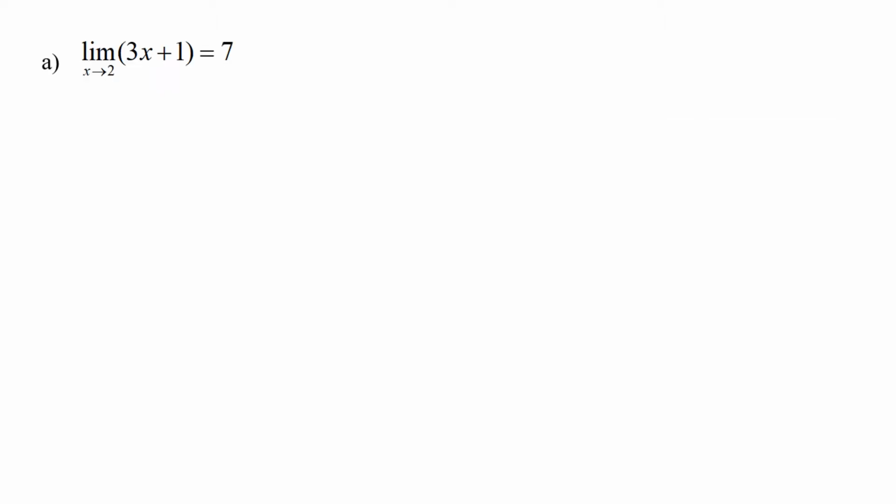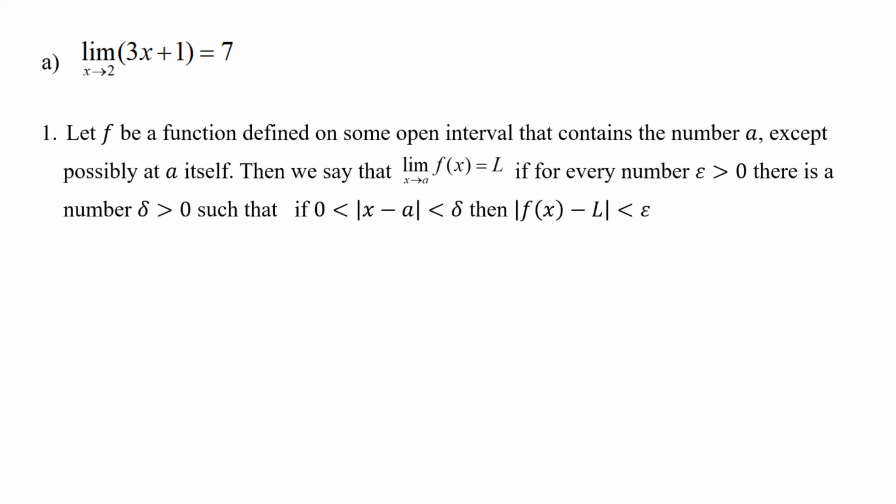So we want to use the precise definition of a limit to show that the limit as x approaches 2 of 3x plus 1 is equal to 7. So first, we state the precise definition of the limit. Let f be a function defined on some open interval that contains the number a, except possibly at a itself.